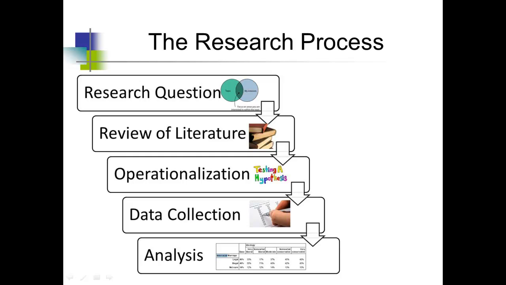Once that has been conducted, the researcher will then operationalize their research question. Basically, this is a process of determining what characteristics or factors that researcher believes will adequately represent a particular research question. One way to think about this is conceptualizing education or socioeconomic status.